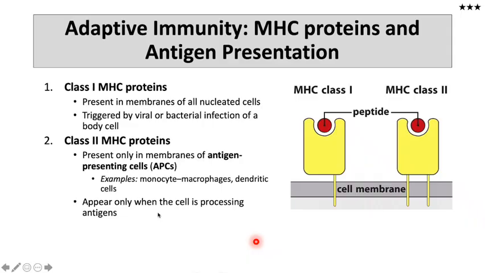And soon enough in this particular video, I am going to explain to you how they become heroes. Examples of antigen presenters are your monocytes, your macrophages, your dendritic cells. And these MHC2 proteins appear only when the cell is processing an antigen.